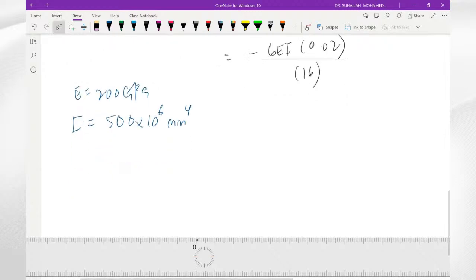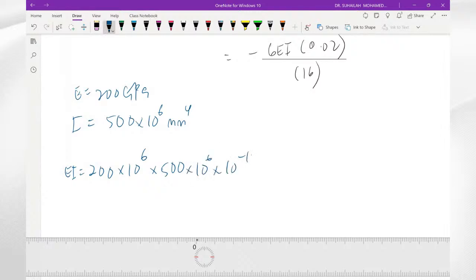Let's check. E is 200 times 10 power of 6, and I is 500 times 10 power of 6 times 10 power of negative 12. Cancel these, and this is equal to 200 times 500.